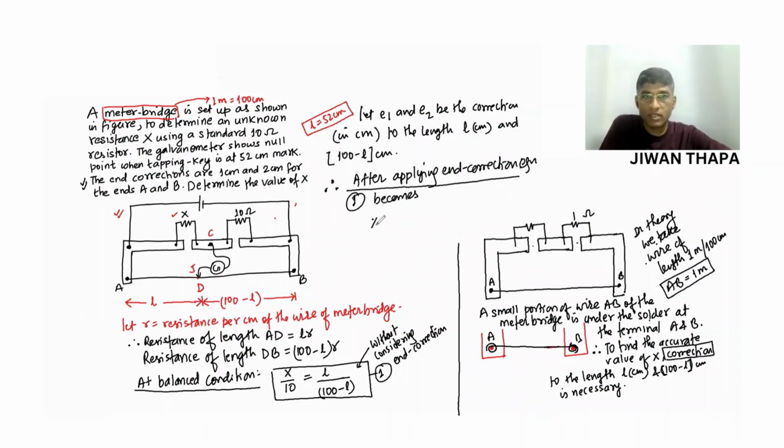x by 10 equals L plus E1. So we have E1, which is the correction in centimeter to length L, and we have E2, which is the correction to the remaining length, that is DB, which is 100 minus L. So we have 100 minus L plus E2.